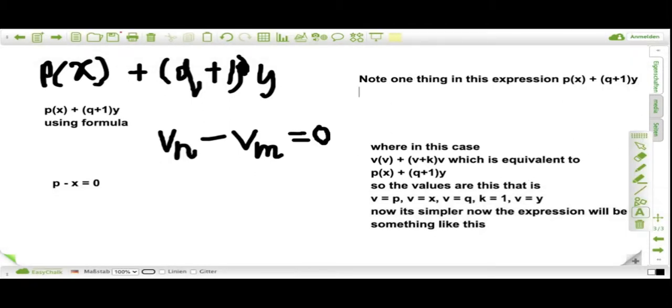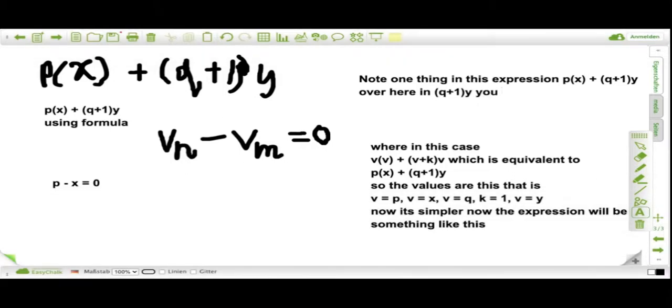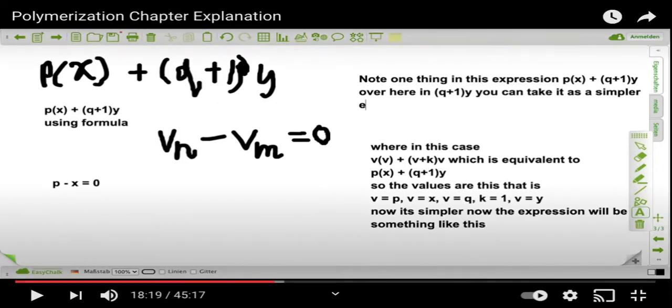But remember one thing in this expression, over here in q plus 1 of y, you should take it, I'm sorry, just take that back. It's actually not q plus 1 of y, you have to separate them, like q of y plus 1 of y.